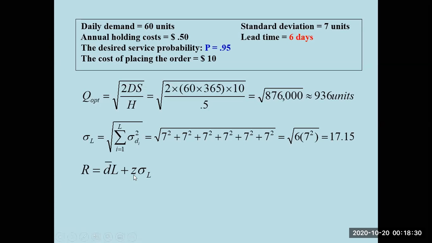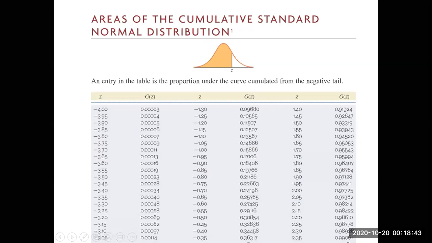And we need the Z score for 0.95. We can find the Z score from this normal distribution chart. This chart is in your lecture notes. Sometimes students ask me when they are taking the test, where is the chart?